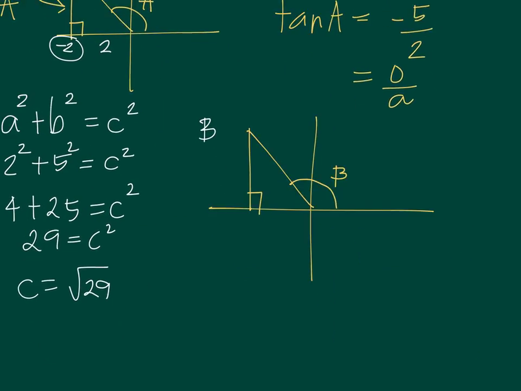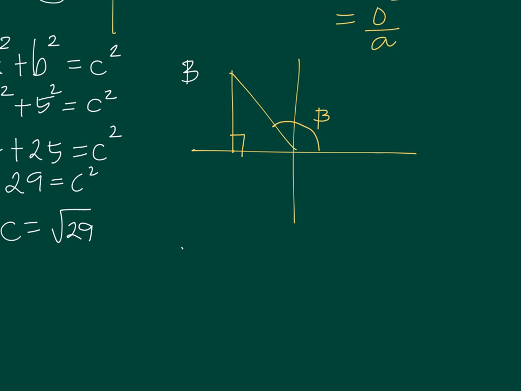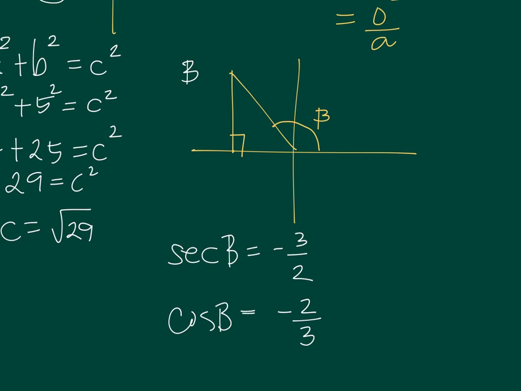If the secant of B is equal to negative 3 over 2, then the cosine of B is equal to negative 2 over 3. Again, remember, they are reciprocals of each other. So, since cosine is adjacent over hypotenuse, we could consider the side here as 2, and this is the hypotenuse 3. So we're missing one side.